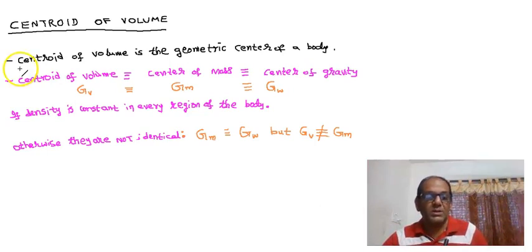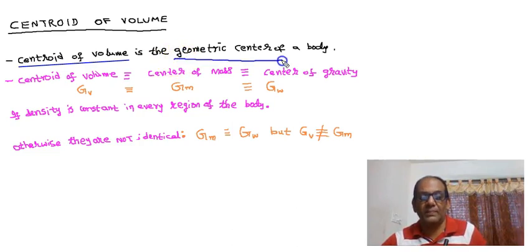In continuation with centroid of line segment and centroid of plane figure, we'll try to see a few topics about centroid of volume, which is the geometric center of the body.